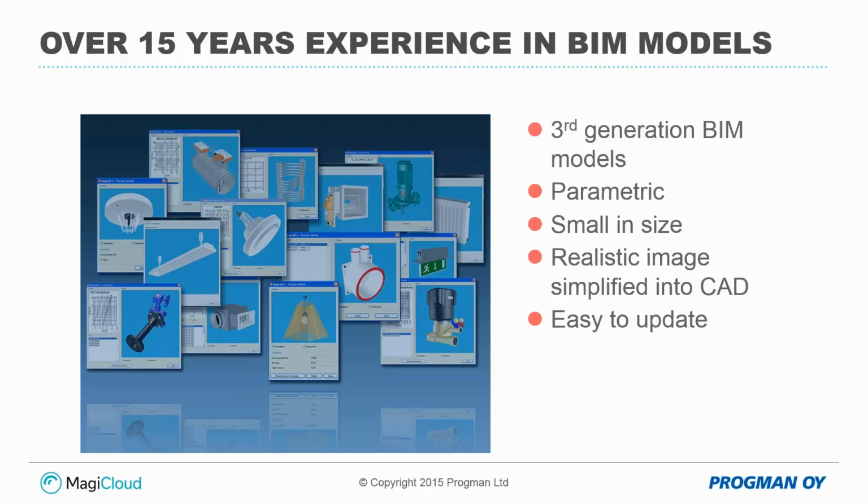But when we convert this into a CAD file, we actually simplify the object. Also very important for all manufacturers is the possibility to easily update the content. Your products and your catalog change all the time, and we keep track of it to always provide up-to-date information to your customers.